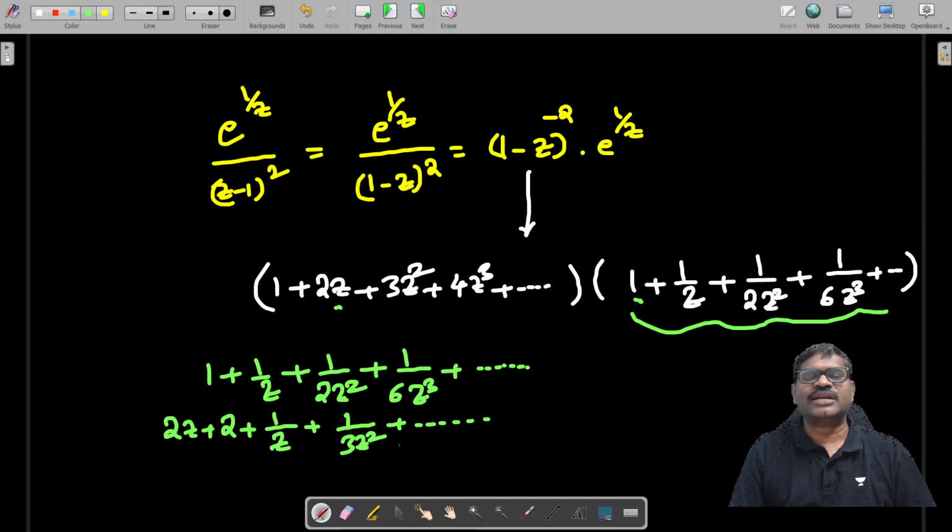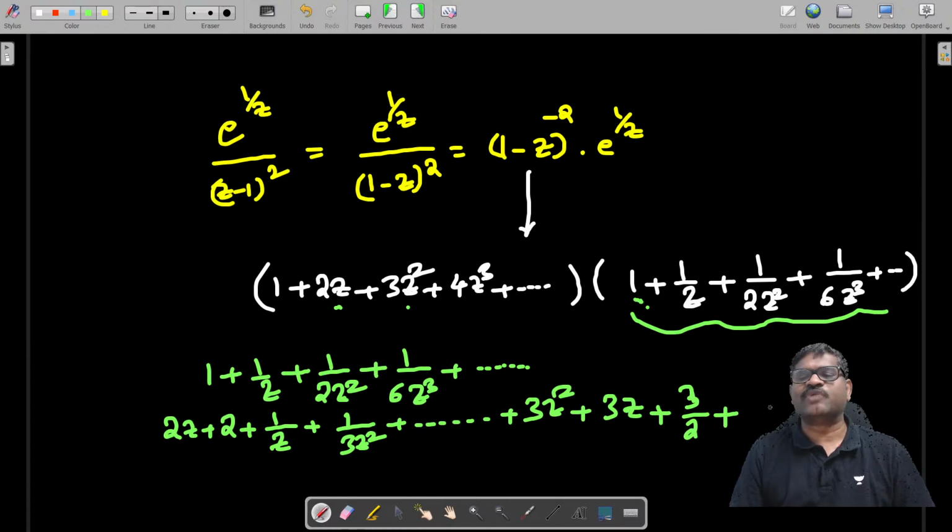And so on. Next, 3z square multiplied with 1 gives 3z square, with 1 by z gives 3z, with 1 by 2z square gives 3 by 2, with 1 by 6z cube gives 1 by 2z, and so on.